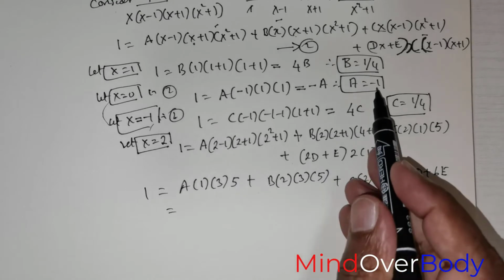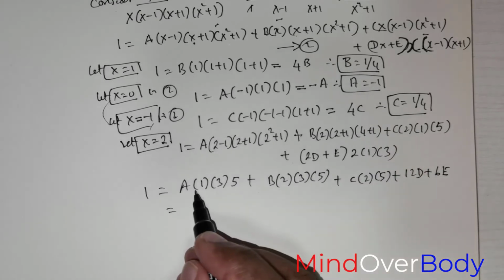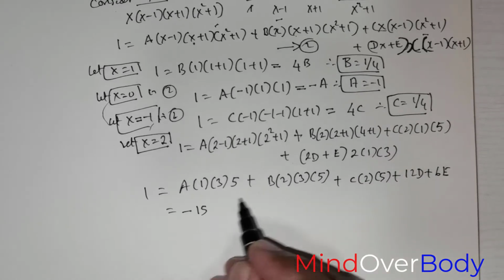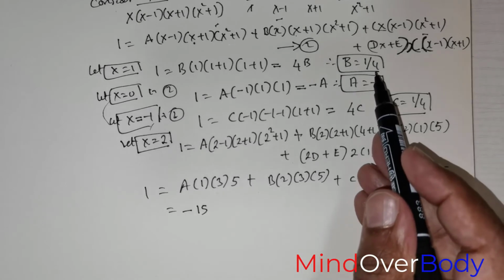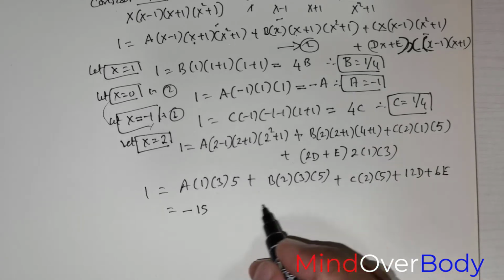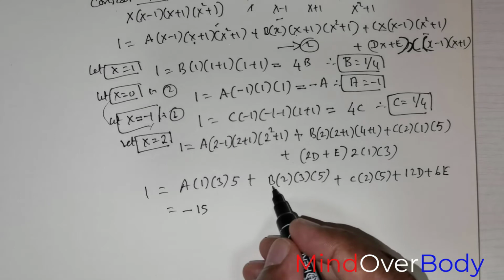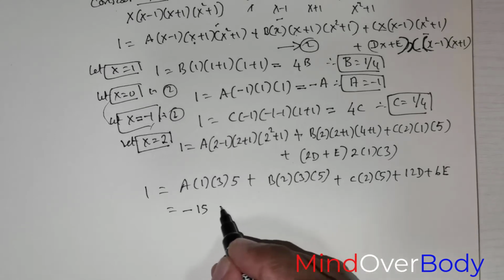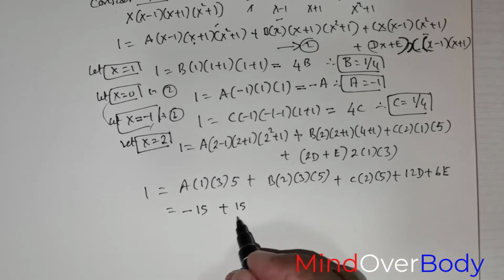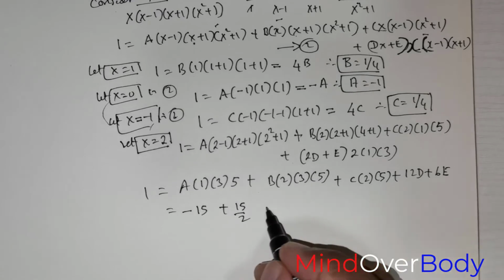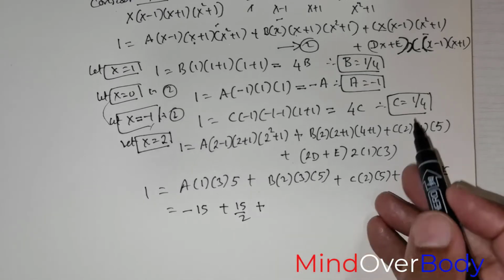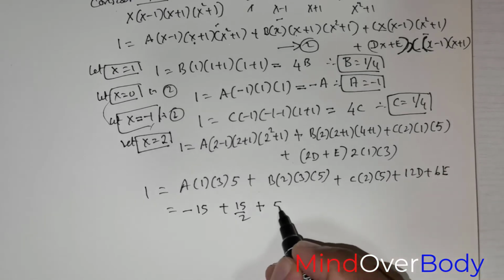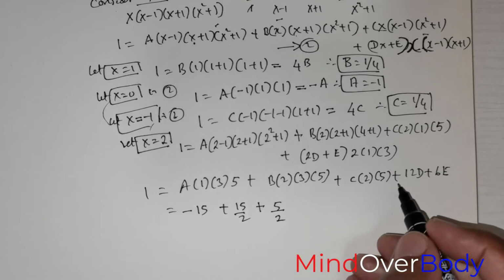Now I know the value of a is -1, so this is going to be -15, and I got the value of b to be 1 over 4, so that's going to be 15 over 2, and I've got the value of c to be 1 over 4, that's going to be 5 over 2.